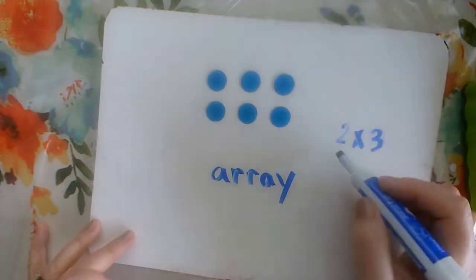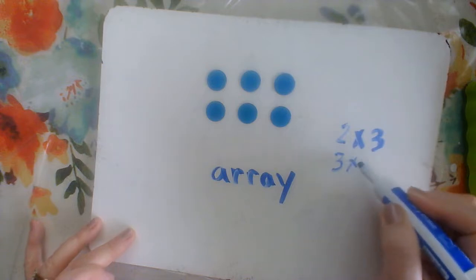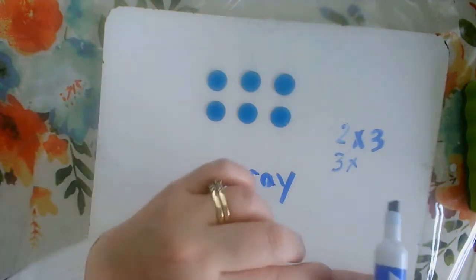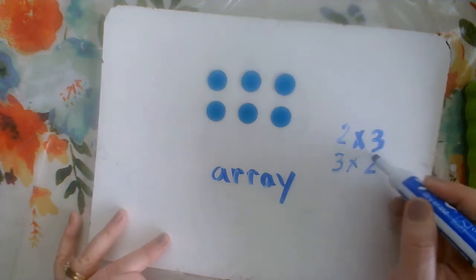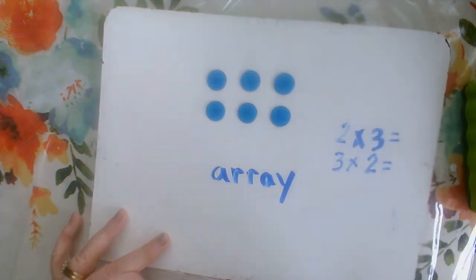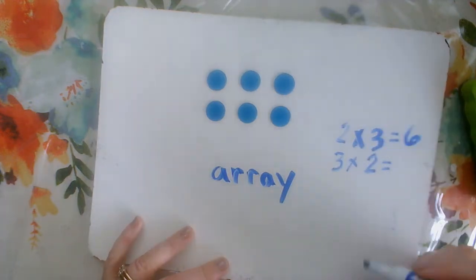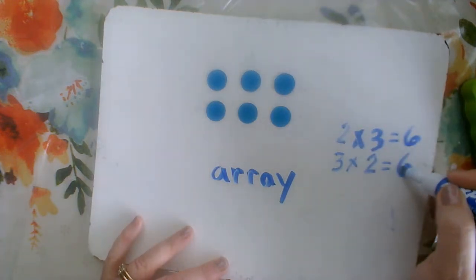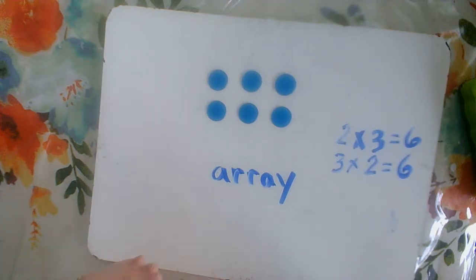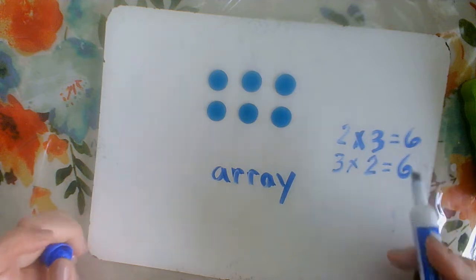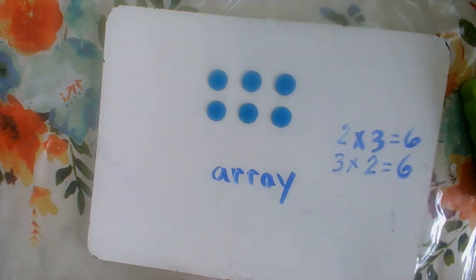So there's 3 columns, and there's 2 in each column. So for this array, I can actually write 2 multiplication equations. 2 groups of 3, which is 6, or 3 groups of 2, which is also 6. So for every array, we can write 2 multiplication equations, unless the rows and columns are equal.